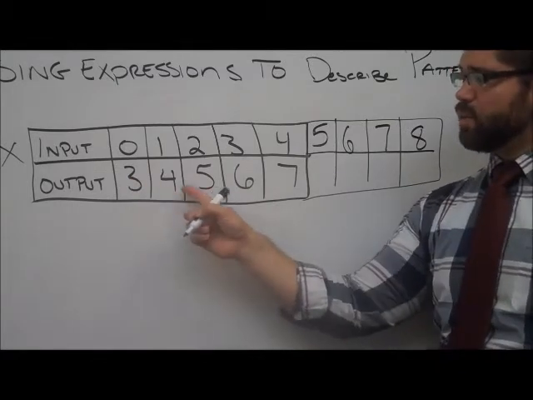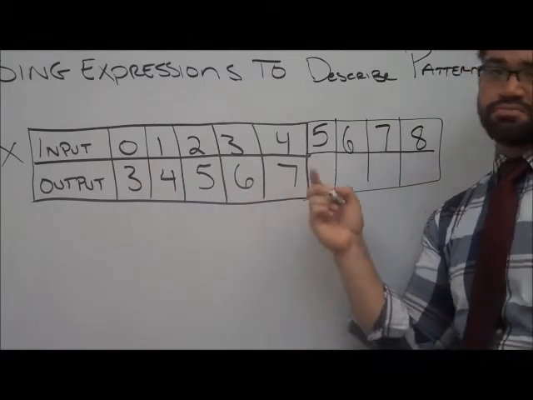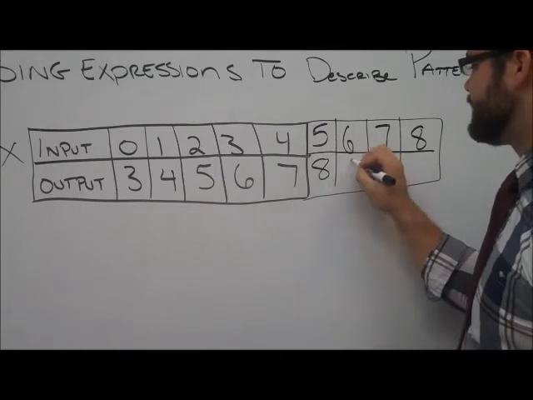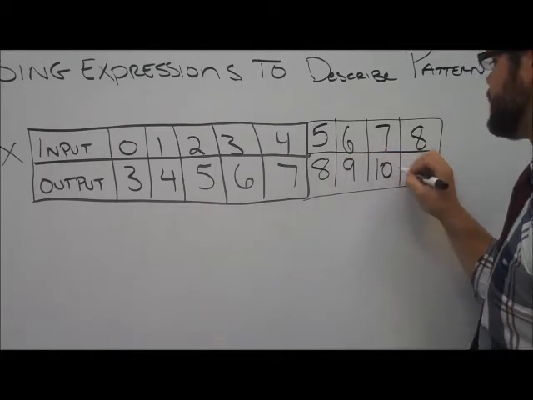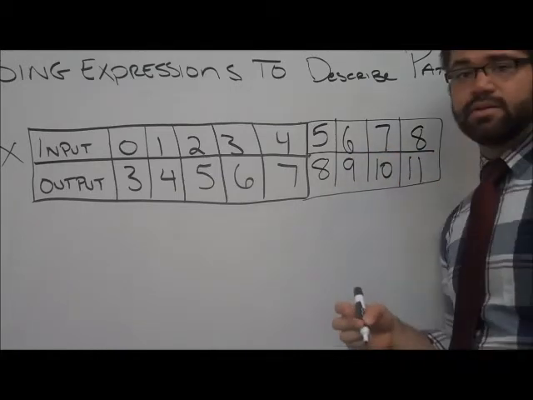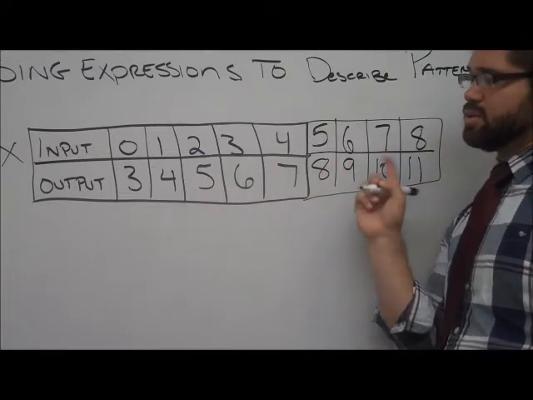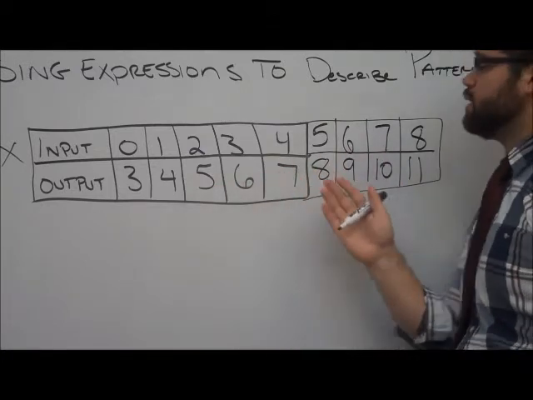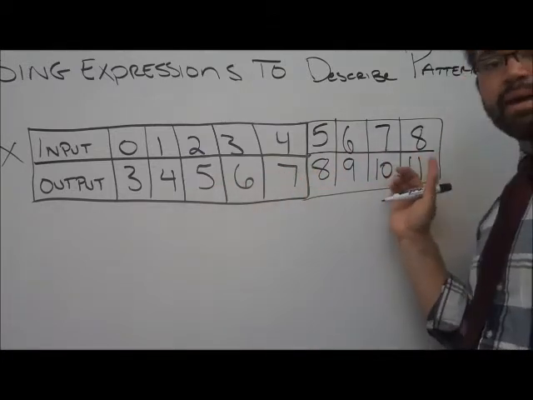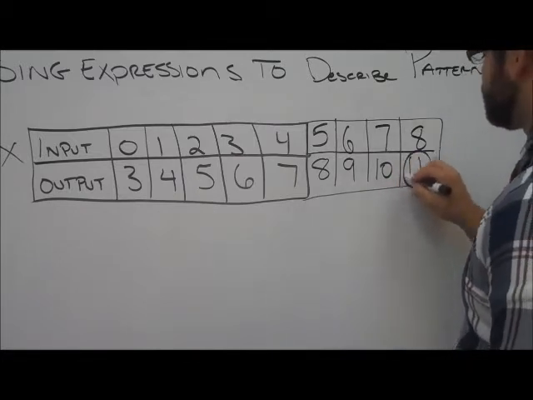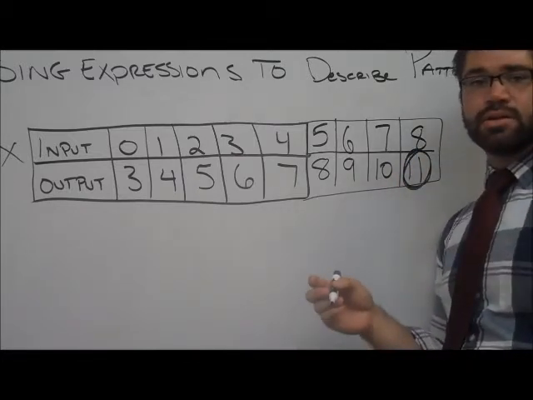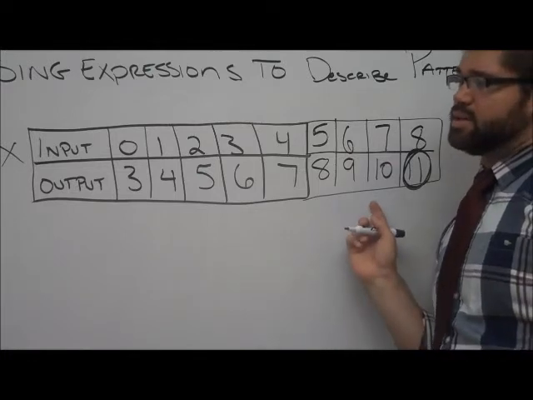I have 3, 4, 5, 6, 7, 8, 9, 10, 11. So I continued my patterns across. I was able to find it, so I just plugged it in. So when I input 8, my output is 11. So when we input 8, our output's 11 on this.